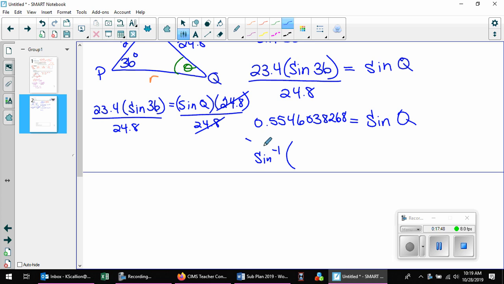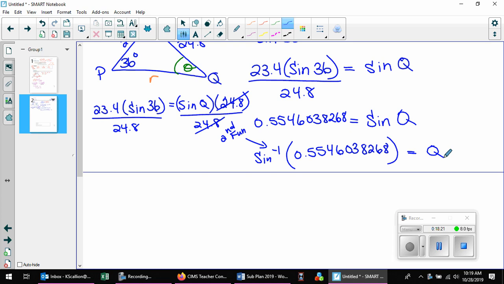The -1 means that I've used my second function button in my calculator. And you guys know what something to the -1 is, right? It's the reciprocal of sine, right? So it's like we divided sine out.